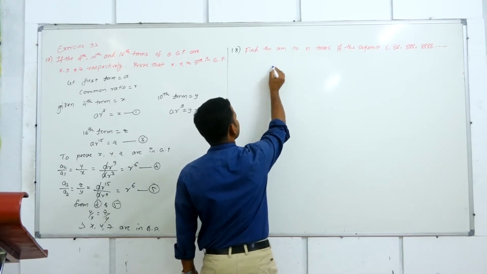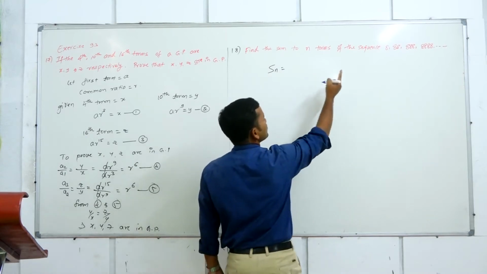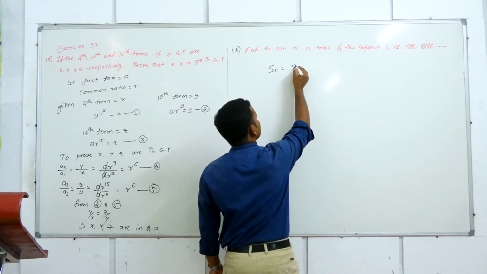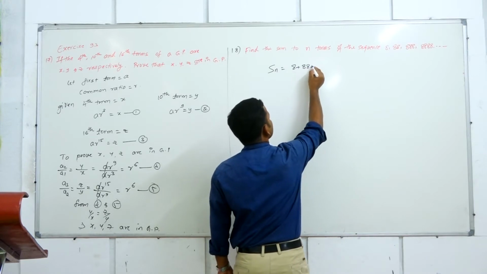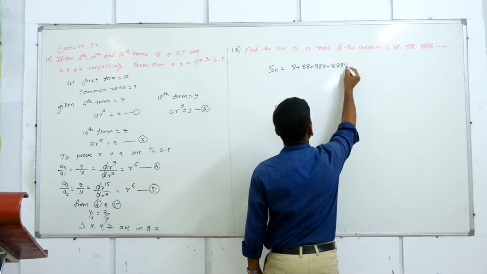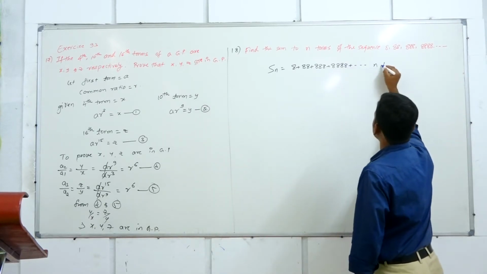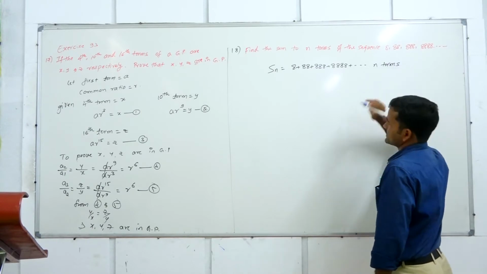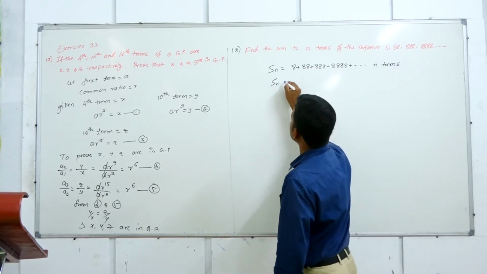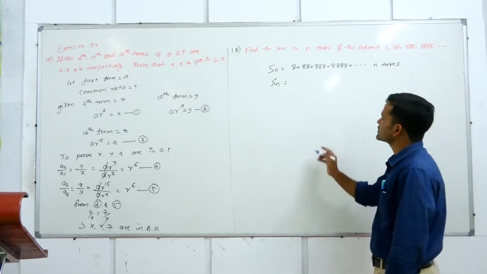So let us take S_n is equal to the sum of n terms, which is equal to the terms given: 8 plus 88 plus 888 plus 8888, and so on. How many terms are there here? Total n terms are there here. Now from all these terms, let me take 8 common.